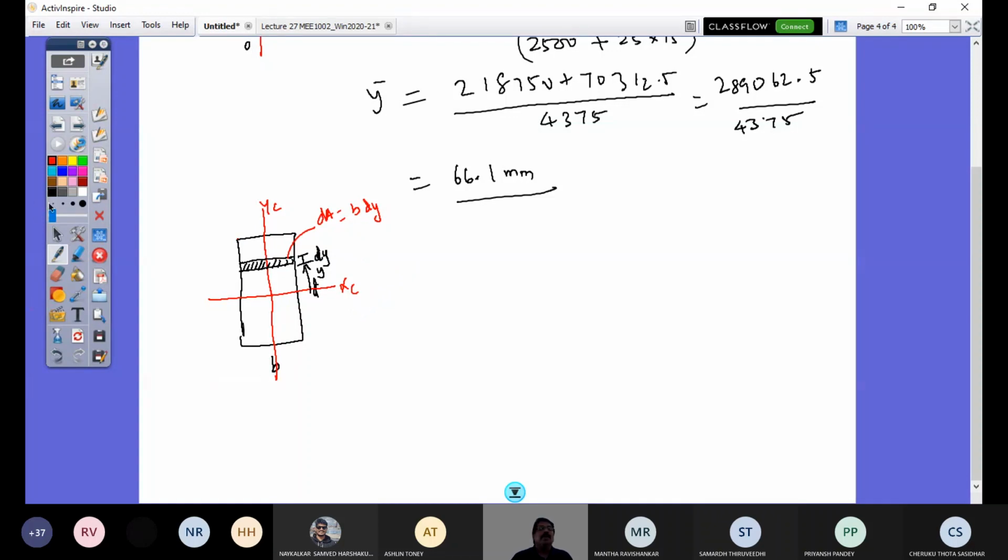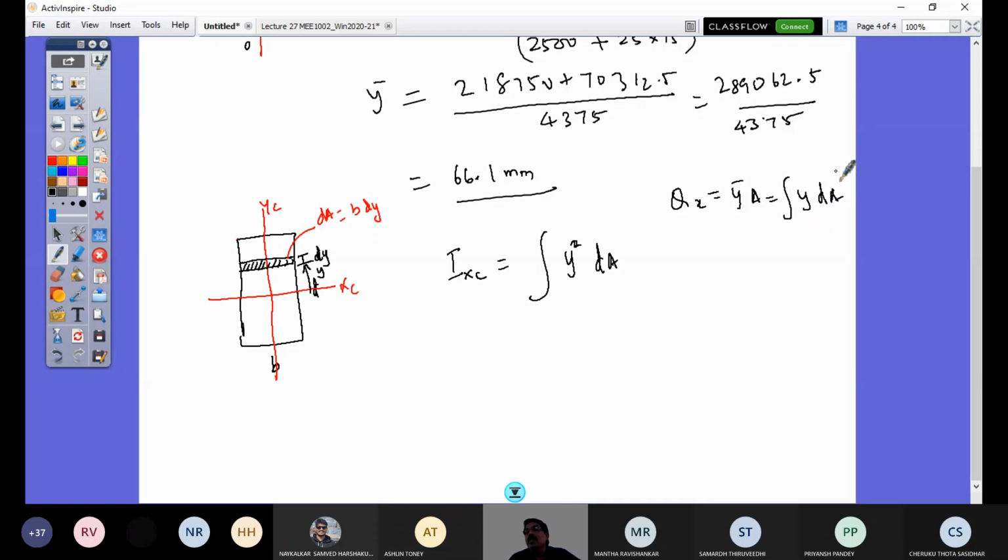So now the definition of second moment of area about the XC axis, IXC, would be integral y squared dA. Remember that we had Qx as the first moment. How did you get that? That is y bar into total area, which is defined as integral y dA.